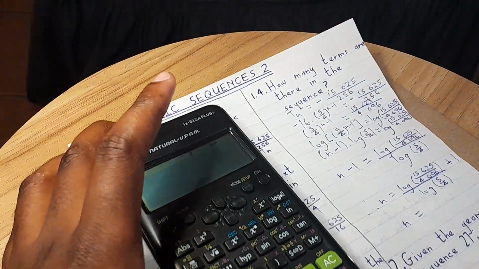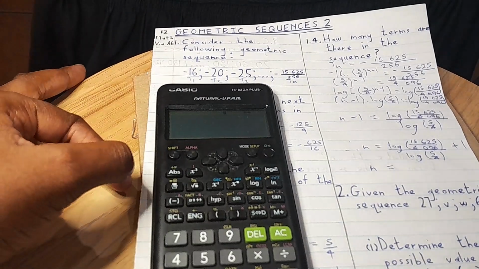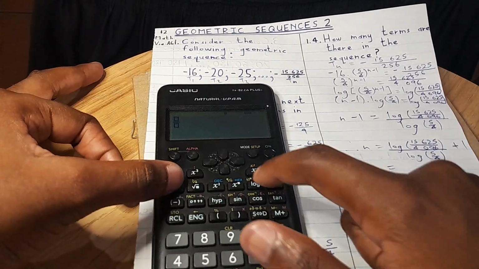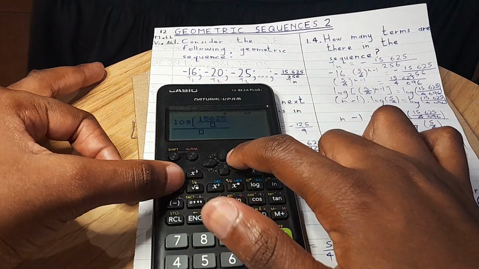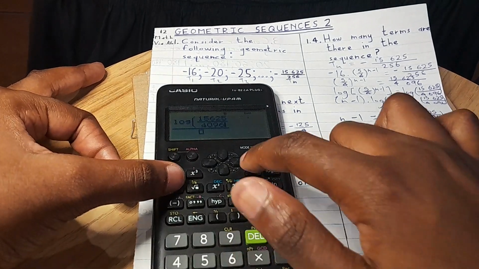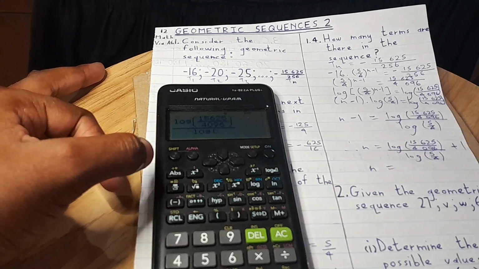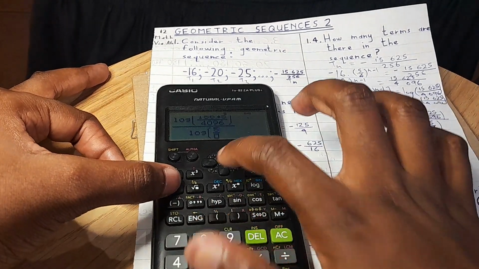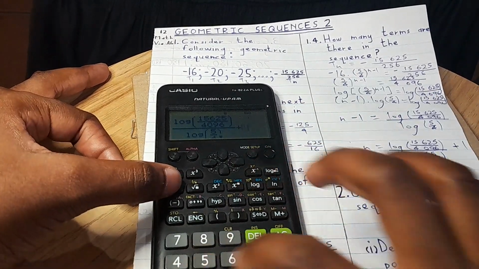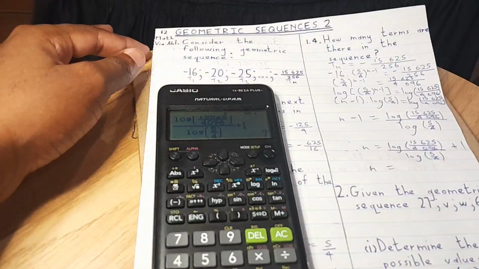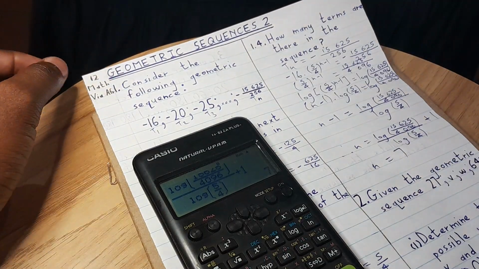Let's just do that. We get 7. N is 7. So there are 7 terms in the sequence.